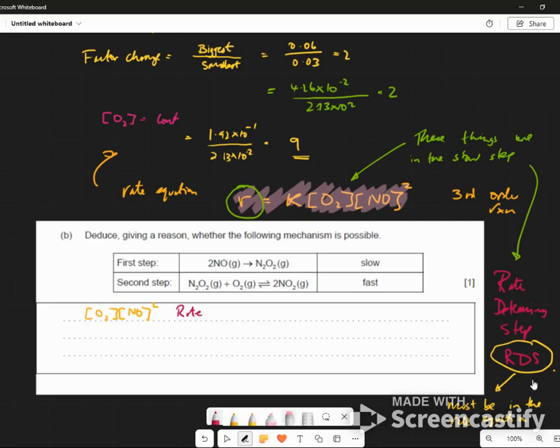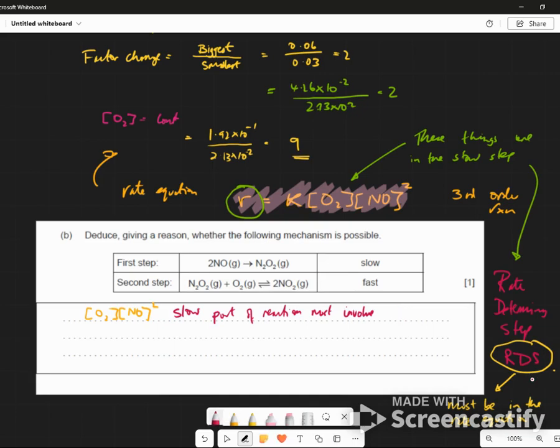Sorry, let me say this again because I don't think that's a good thing to say. It must mean the slow part of the reaction must involve an oxygen molecule. We don't need the brackets anymore.